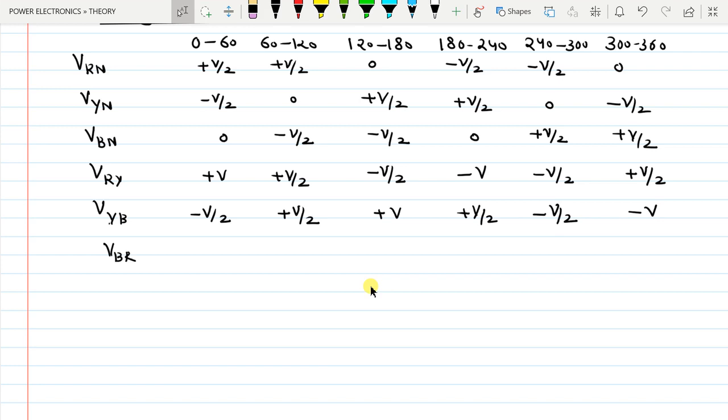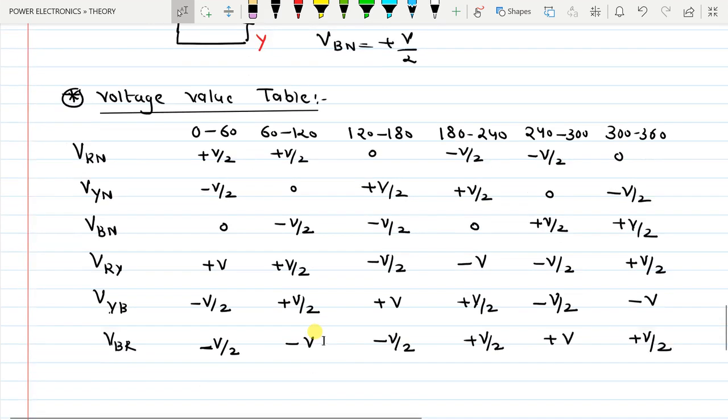VBR, with this minus this. So minus V by 2, minus V, minus V by 2, plus V by 2, then plus V, plus V by 2.